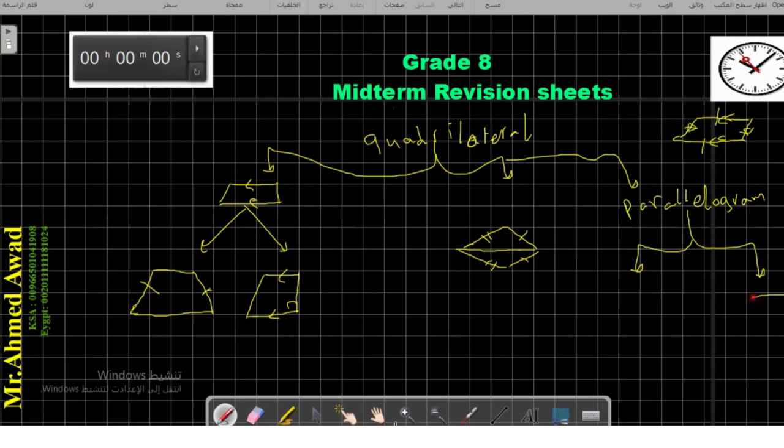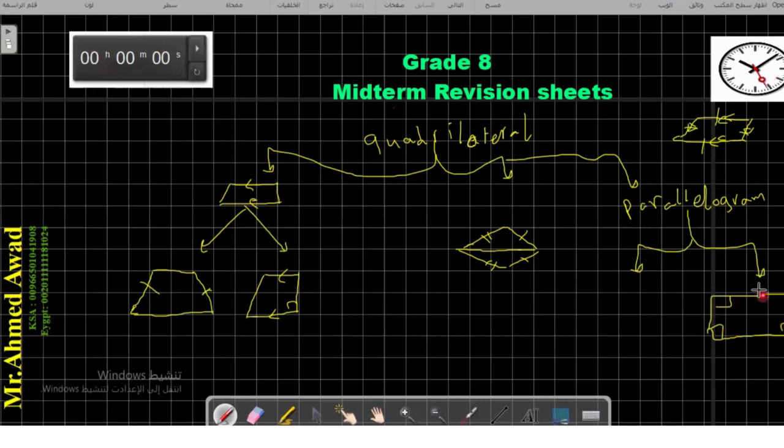Rectangle. Let me draw the rectangle here. So this is the rectangle. In the rectangle, all angles should be right.